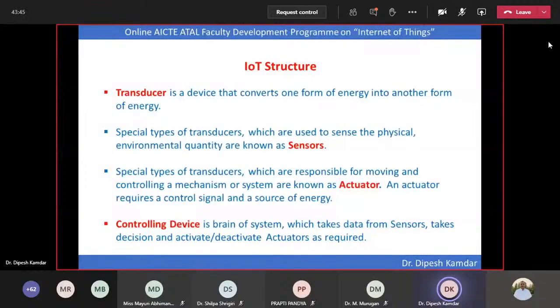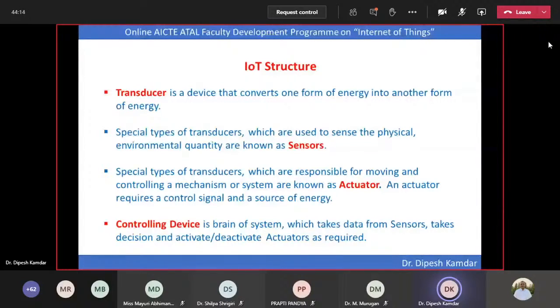Some special kinds of transducers are known as actuators. These actuators are responsible for moving or controlling the mechanisms or systems which are there. An actuator needs control signals from your controlling device, and it needs an external energy source to get operated.